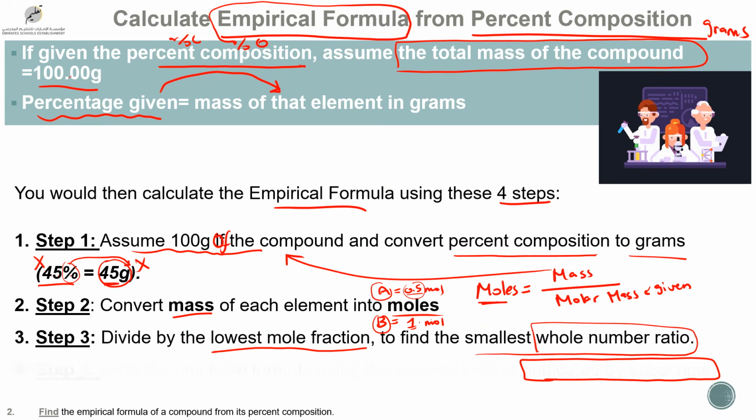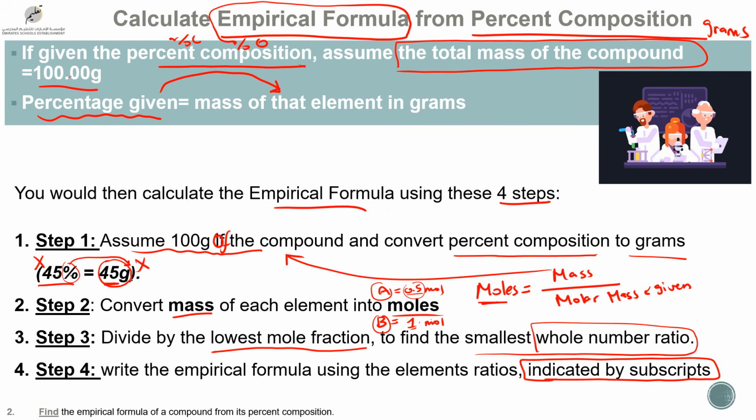Maybe it's better to go back. So in step number 3, imagine you are trying to find Ax By. Imagine for x you divided step number 3 by the smallest number, for example the example that we have here actually.